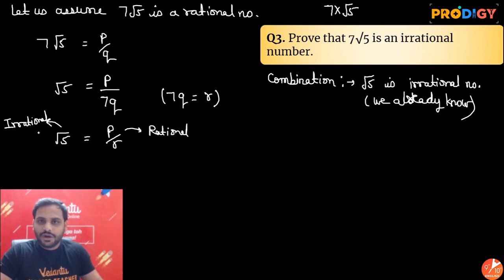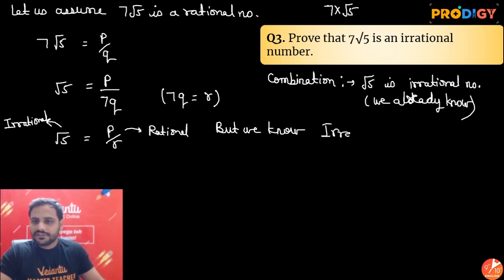We know an irrational number is never equal to a rational number. That means our assumption is wrong.